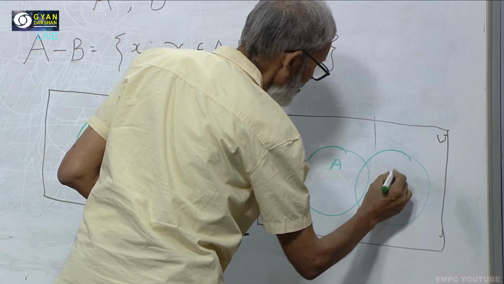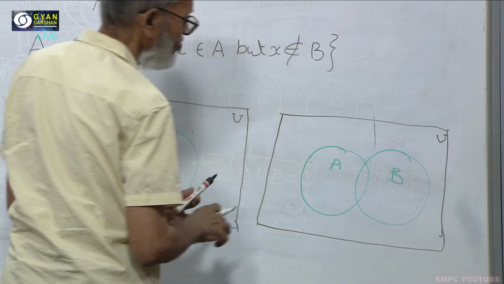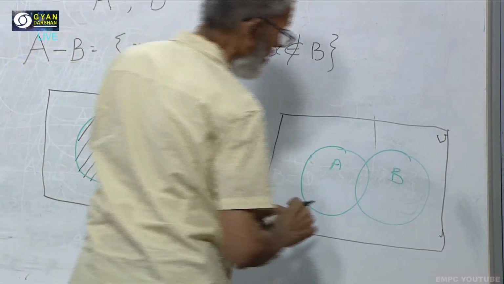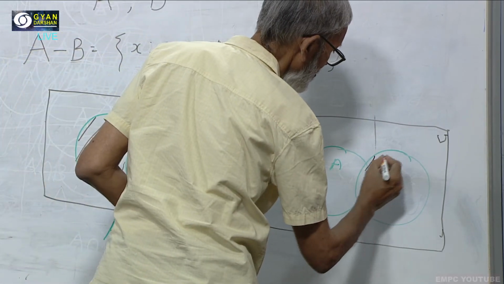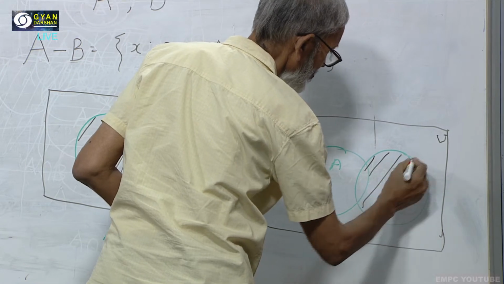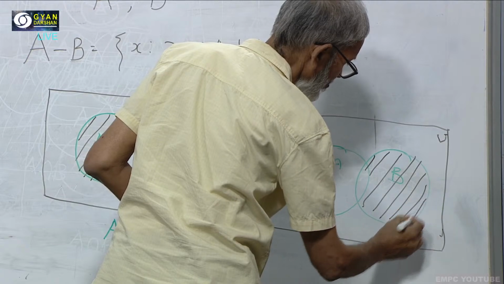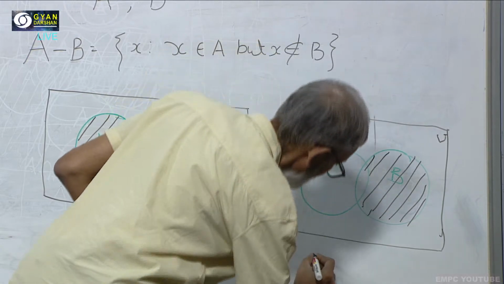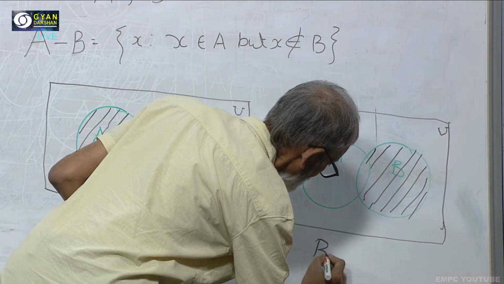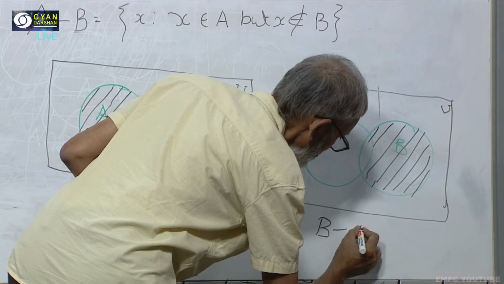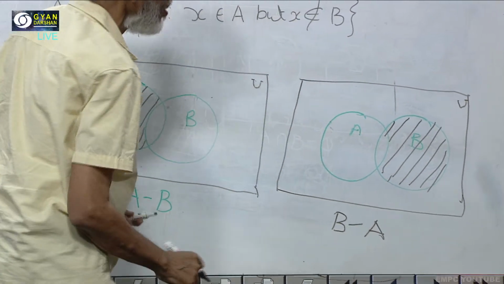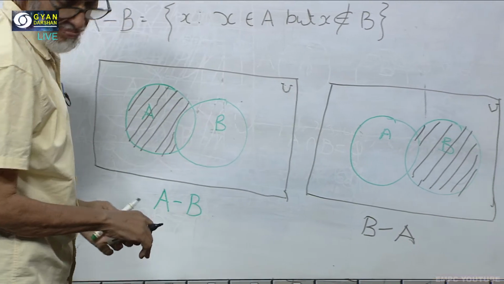This is A, this is B. So, B minus A will be this portion. B minus A.